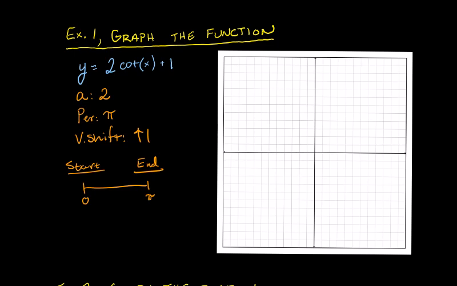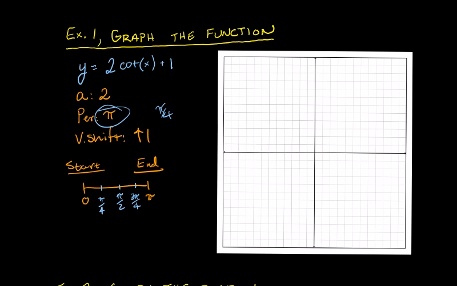And if you take your period and you divide it by 4, right, that would be pi fourths. That'll tell you what your notches need to go by. So then we just count by fourths because it's starting at 0, so that's pretty straightforward. Pi fourths, 2 fourths is 1/2, so pi halves, 3 fourths, so 3 pi fourths. Okay, and that's what we have to look forward to right there.